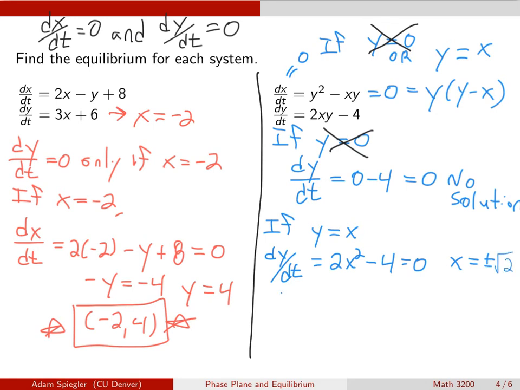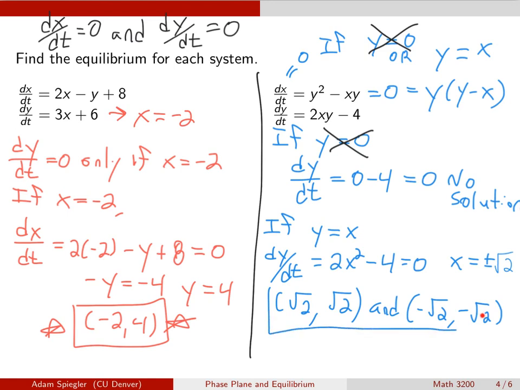If I first pick x equal to the square root of 2, this condition tells me that y also must be the square root of 2. And we have another solution: if x is equal to minus the square root of 2, then we set y equal to minus the square root of 2, and that would also give us an equilibrium.